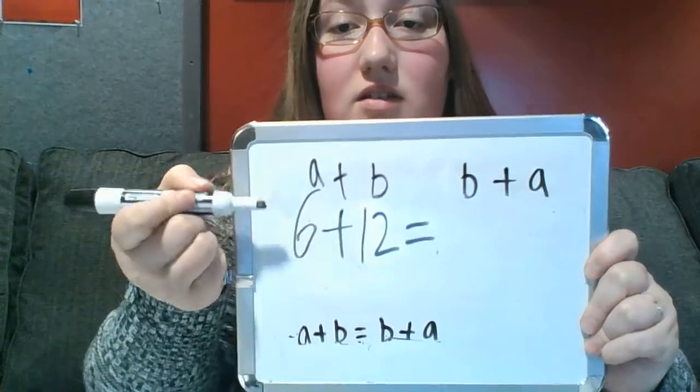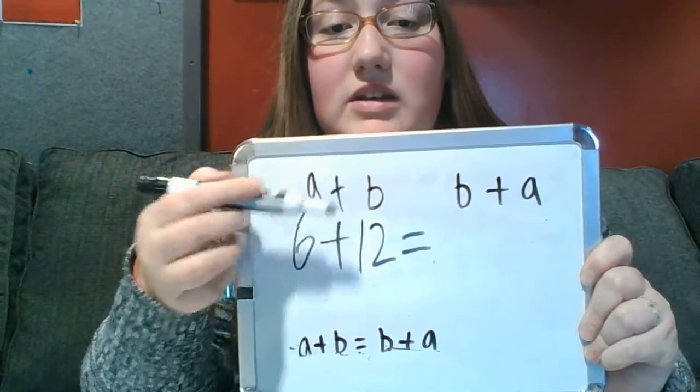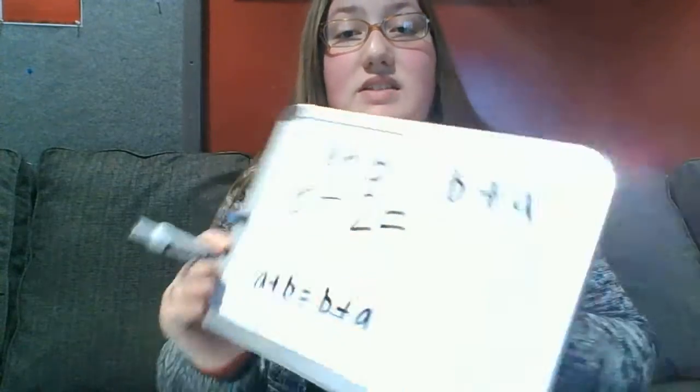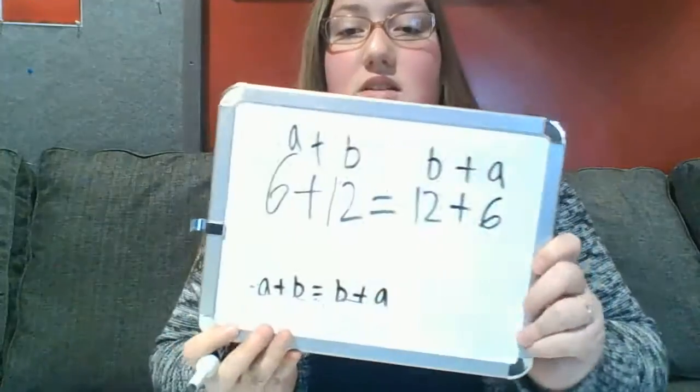If we rewrite that in the same way, it would be B plus A. A plus B equals B plus A, remember? So if 6 is A and B is 12, it would be 12 plus 6.